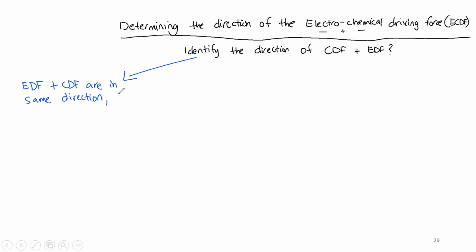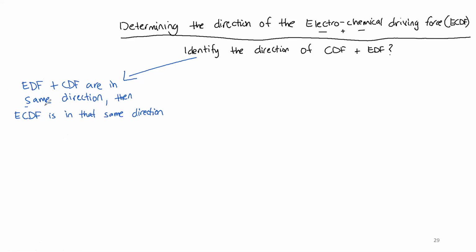That's pretty straightforward, right? Then the ECDF, so the combined force, is going to be in that same direction. So we have two forces, both in one direction, and we just combine them.